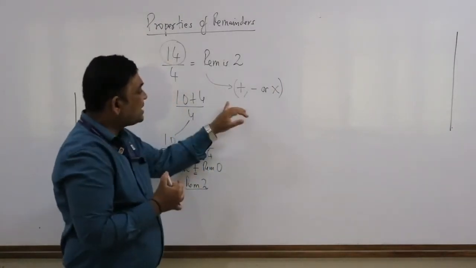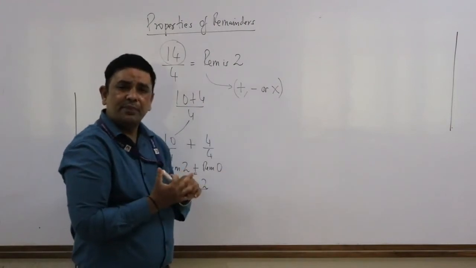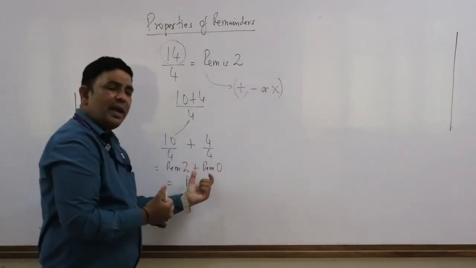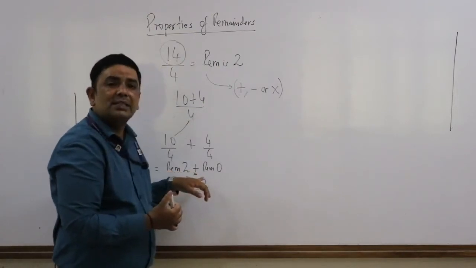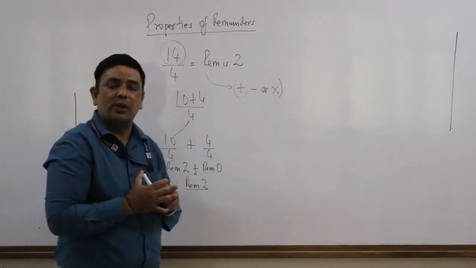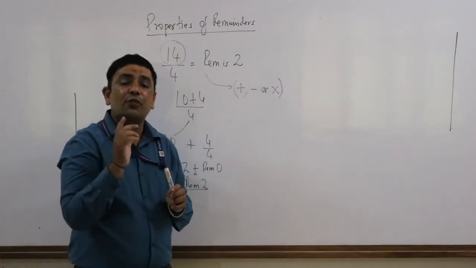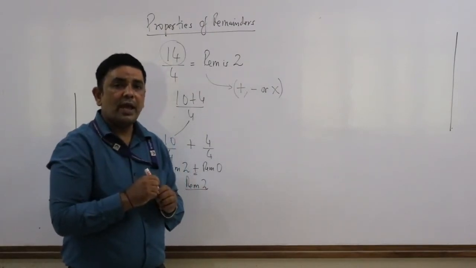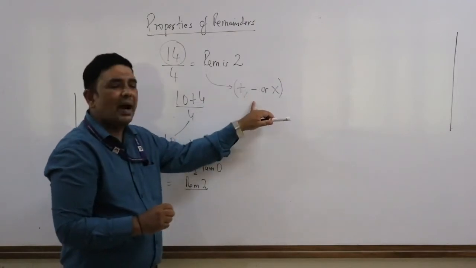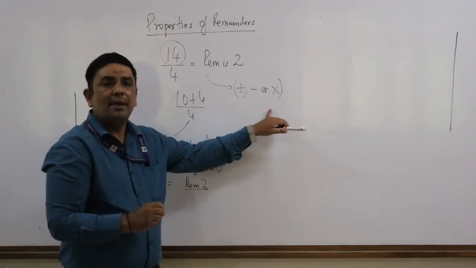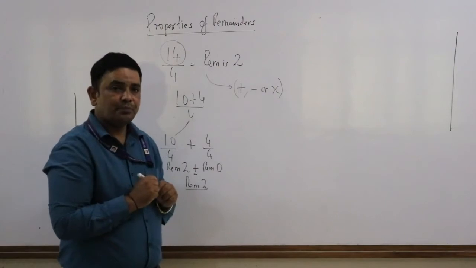Find out the individual remainder for each part and put the mathematical sign back to get the actual remainder. This is the first property. Once again, please remember, you can use plus, you can use minus, you can use multiply, but not divide.